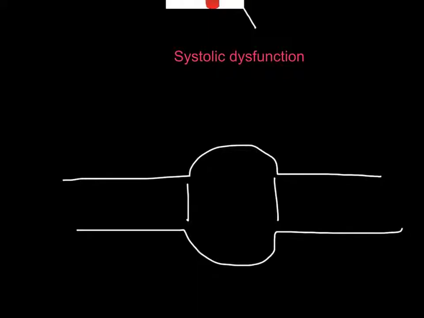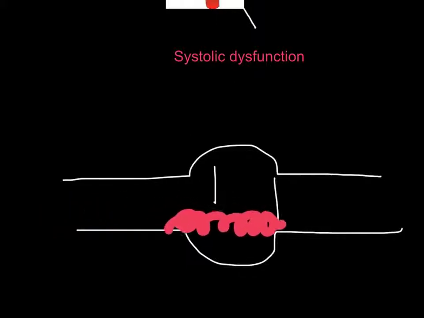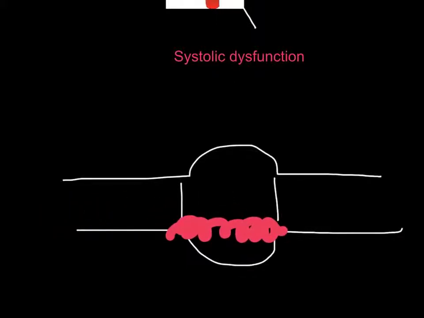So blood will be flowing in as normal and put enough pressure to open the doors and flow in, fill up the heart a little bit. But when the next contraction of the heart comes along, it won't be a very strong one, just a very weak contraction that will lead to very little of the blood actually leaving the heart.